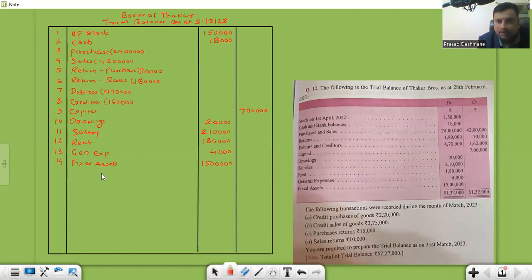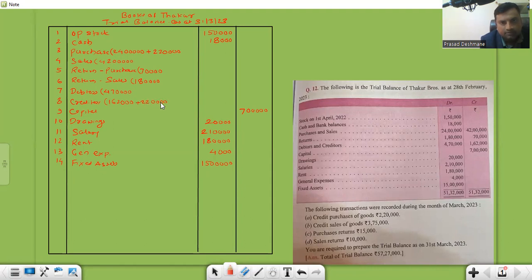Okay. Now, the adjustments. Credit purchase of 2,20,000. So when we bought the goods, definitely our purchase is going to increase, right? It's 220, they said. So I'll add 220 to the purchases. And when we bought on a credit basis, our creditors balance also increases. So we'll add 2,20,000 to creditors.